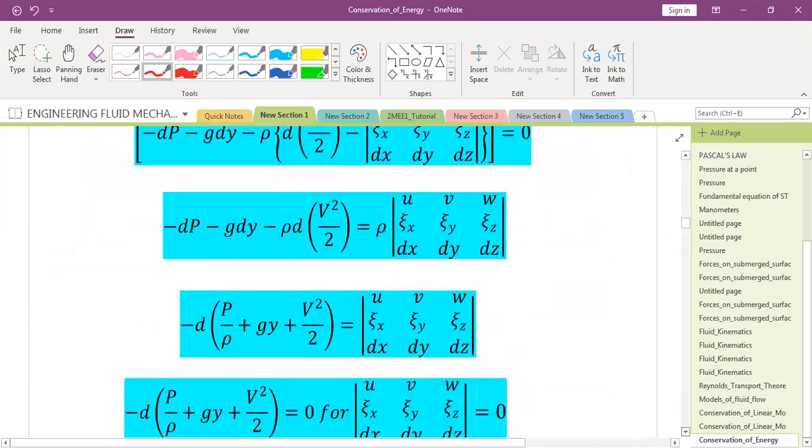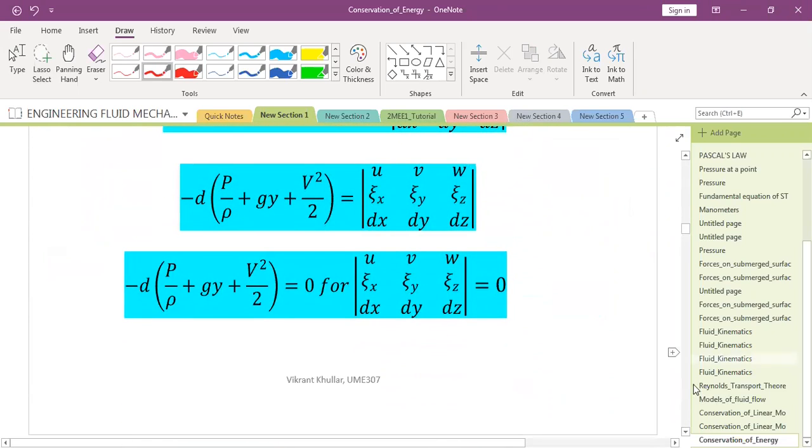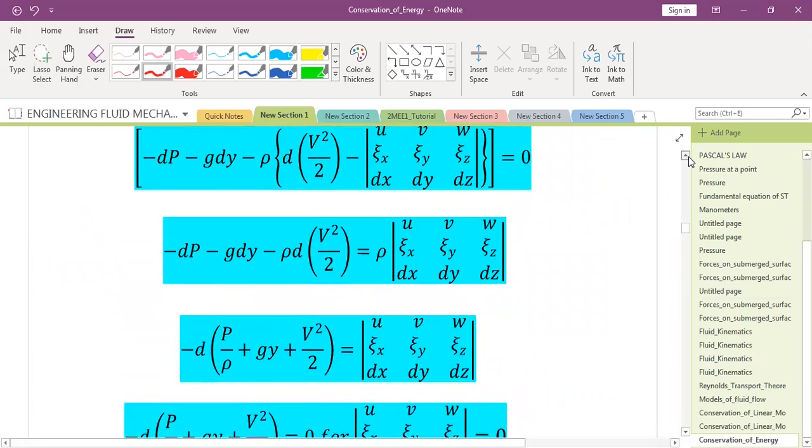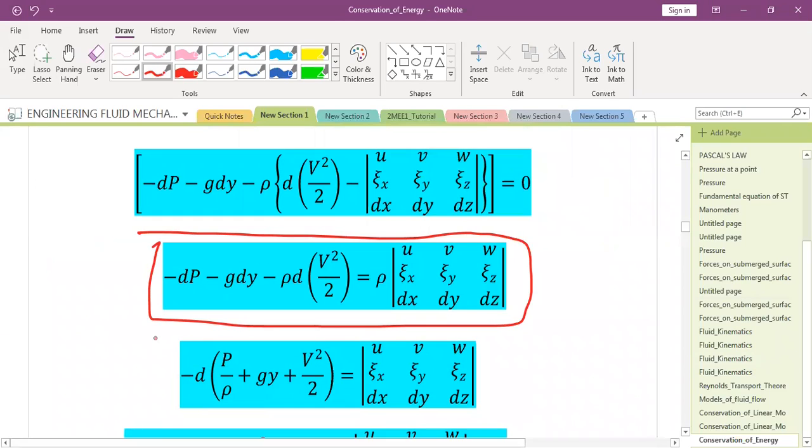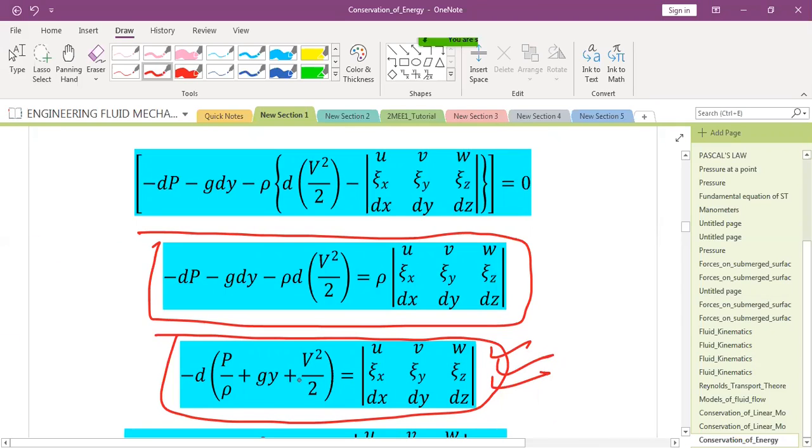Now, by these simplifications, I have finally reached this expression, or more appropriately this expression. I think now you must be much more comfortable with this expression. This represents derivative of certain terms is equal to some determinant.